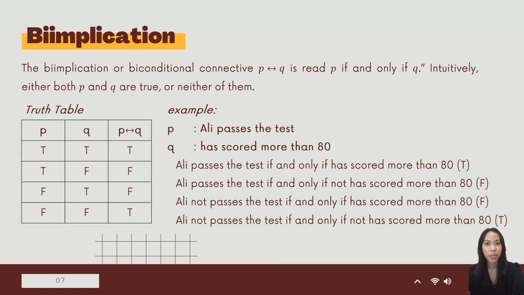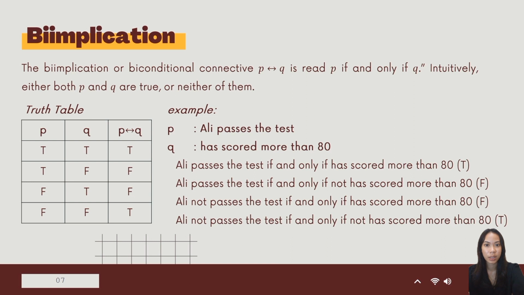For example, P: Ali passes the test. Q: Ali has scored more than 18. Ali passes the test if and only if he has scored more than 18, it's true.